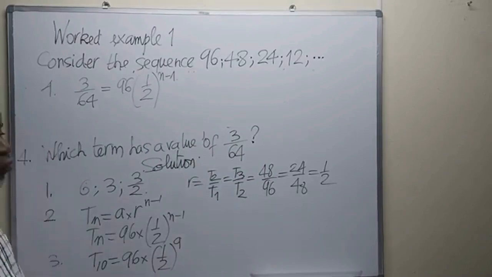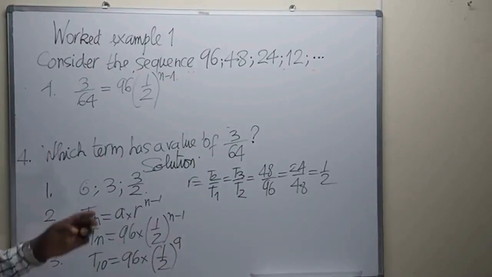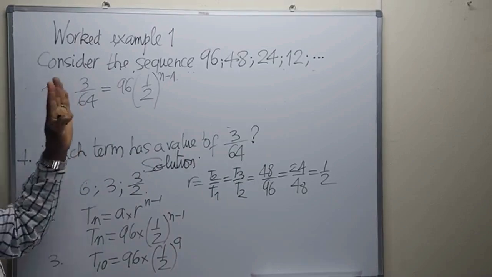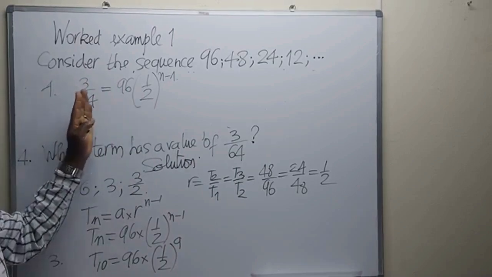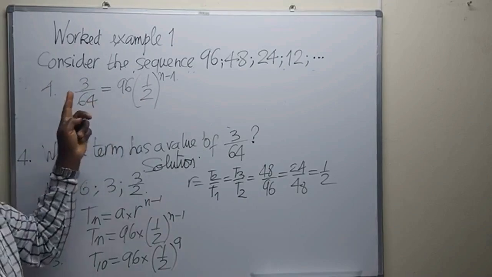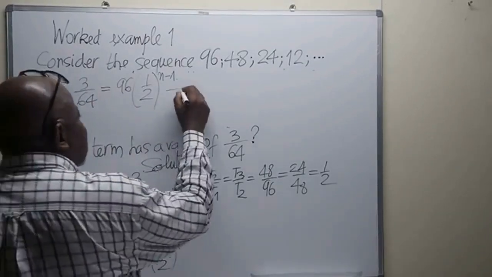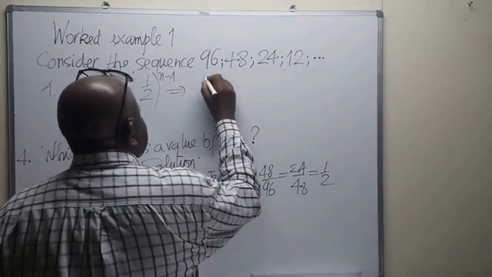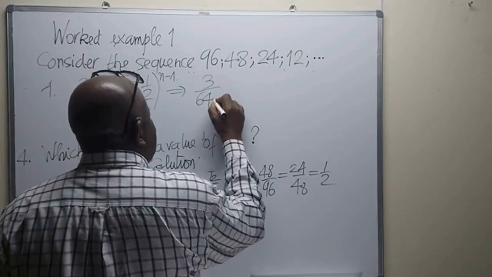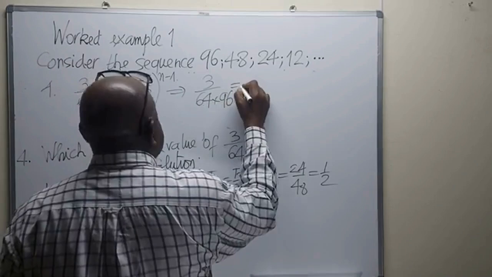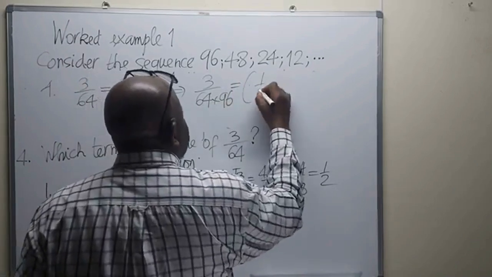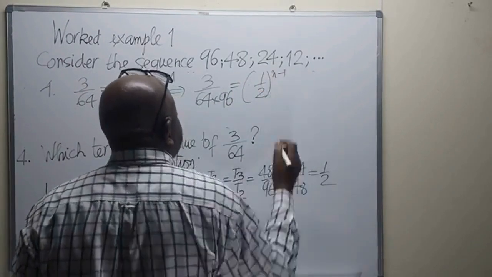So, to make it simple, we're going to multiply both sides by 1 over 96. Then we're going to have 3 over 64 times 96 is going to be equal to 1 over 2 to the power of n minus 1.